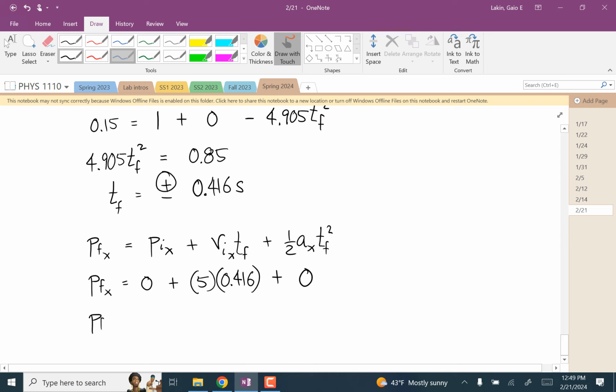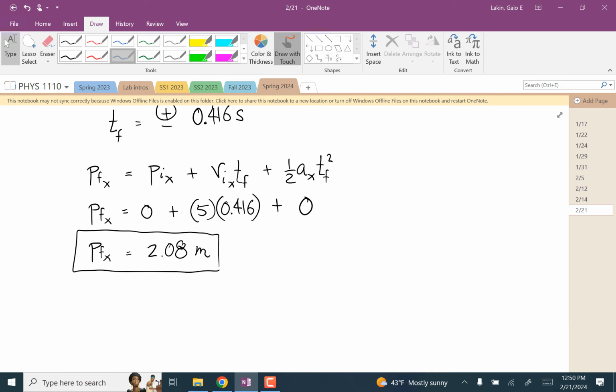And you get that PFX is equal to 2.08 meters. So if you drop this marble or ball or whatever, exactly 2.08 meters horizontally from the cup, it's going to land right in there. Anybody have any questions about that?